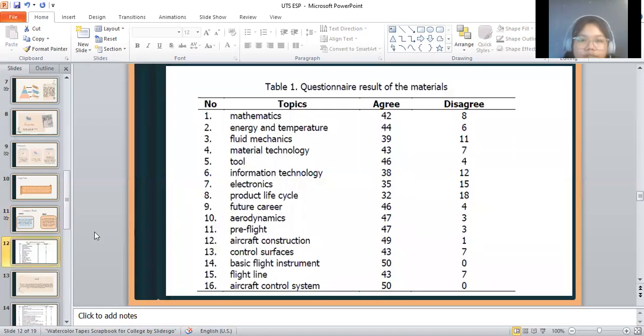Okay, for the questionnaire result of the material, the topics are mathematics, energy and temperature, fluid mechanics, material technology, tool, information technology, electrics, product life cycle, future career, aerodynamic, free flight, aircraft construction, control services, basic flight instrument, flight line, aircraft control system.